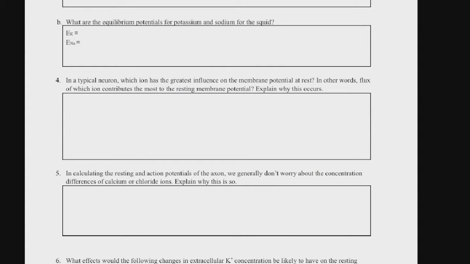So for K, for potassium, we have that 58 millivolts over 1 ion valence times the log of out over in, and we saw out to be 5 and intracellular to be 140. This is equal to negative 84 millivolts.